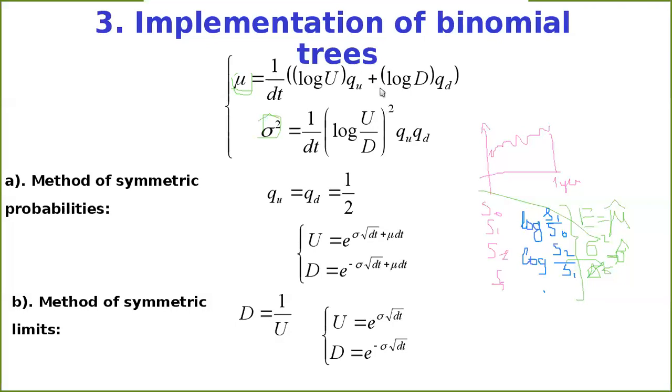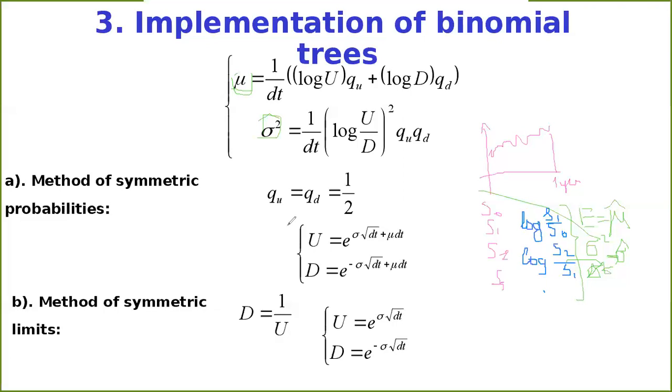So we have 2 equations, but 3 variables. In order to solve this system, we should make some assumption. It is either the method of symmetric probabilities or the method of symmetric limits.